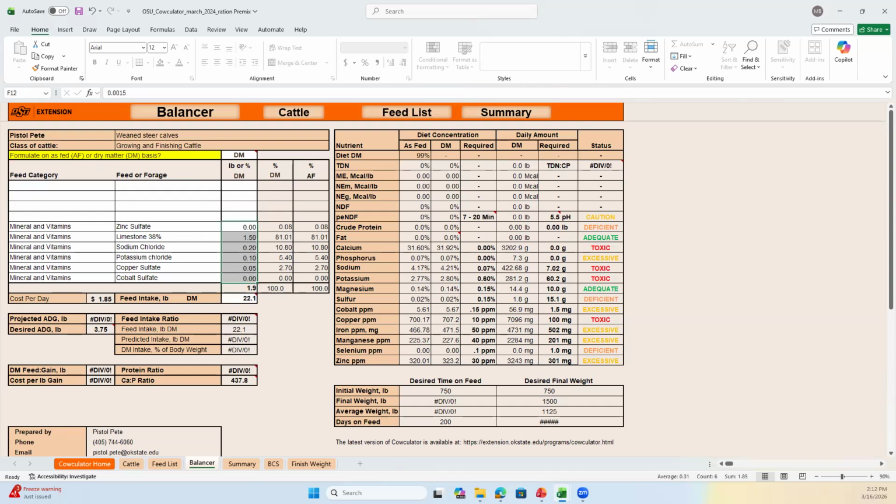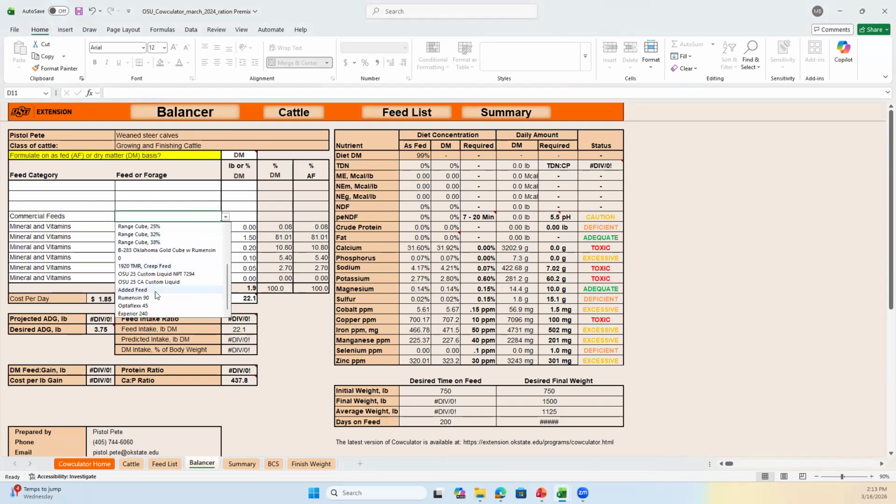So did I say what I wanted the premix to be? No, I didn't. Let's say we're going to do it for a 3% diet dry matter premix. Here's when I'll add in my Rumensin, which I think I put under commercial feeds.